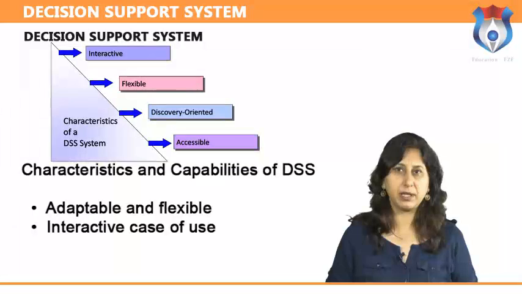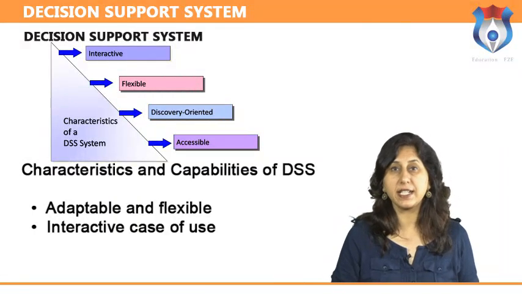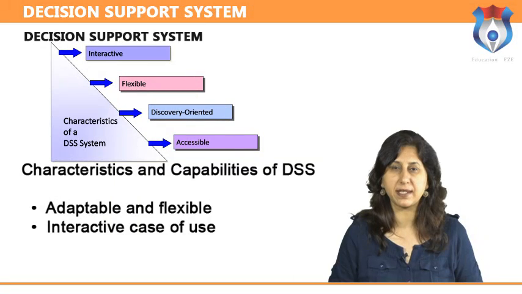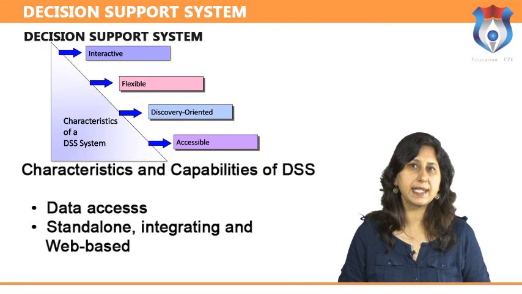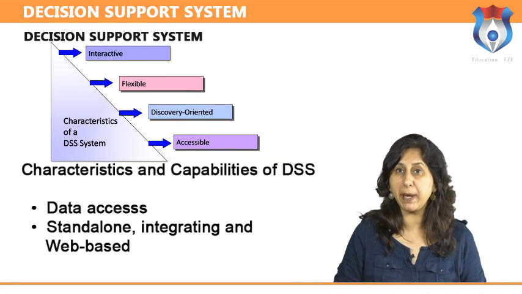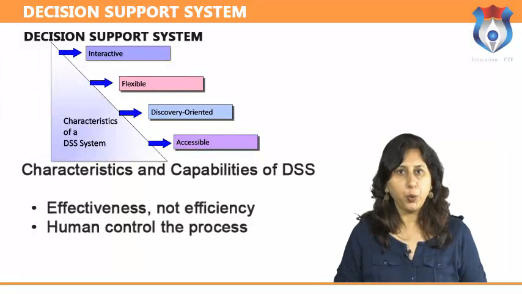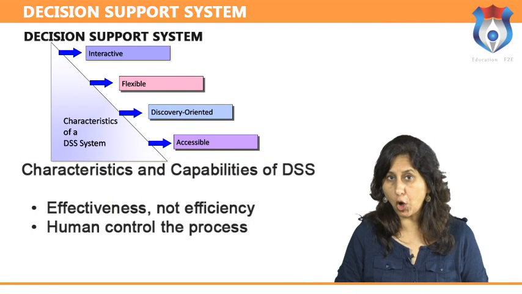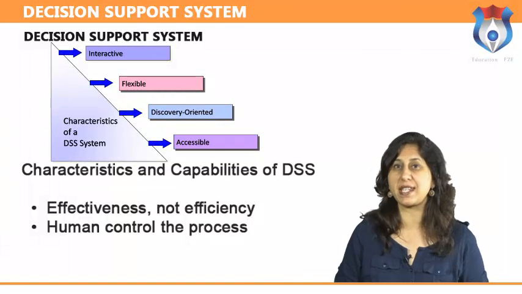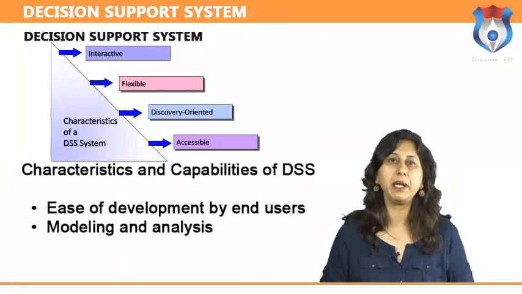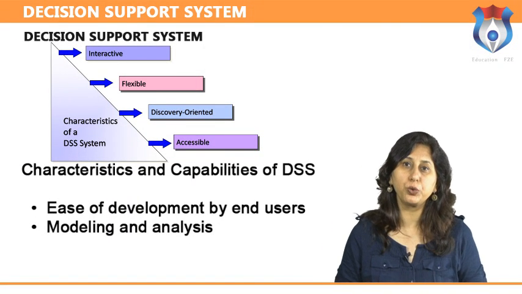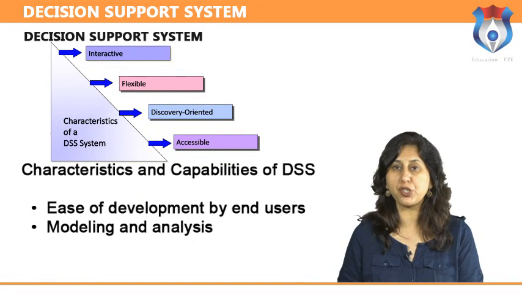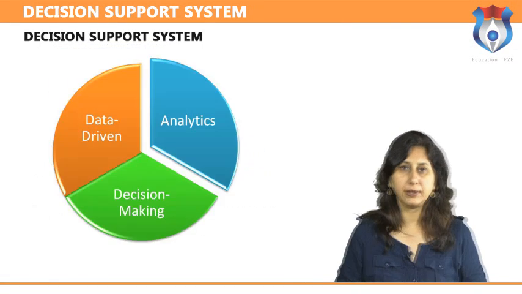DSS are flexible, so users can add, delete, combine, change or rearrange basic elements. Most new DSS applications use web-based interfaces. When DSS are deployed, decision-making often takes longer, but the decisions are better. Can be employed as a standalone tool used by an individual decision maker in one location or distributed.